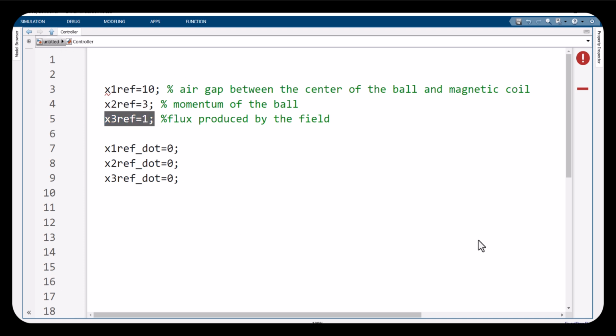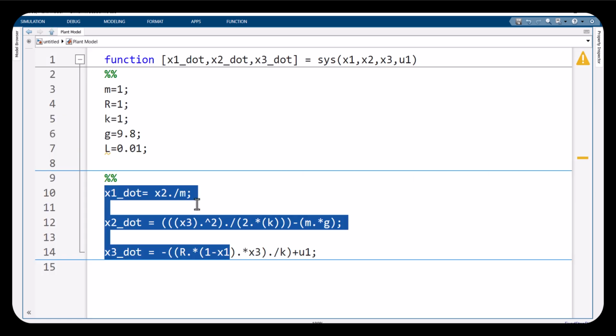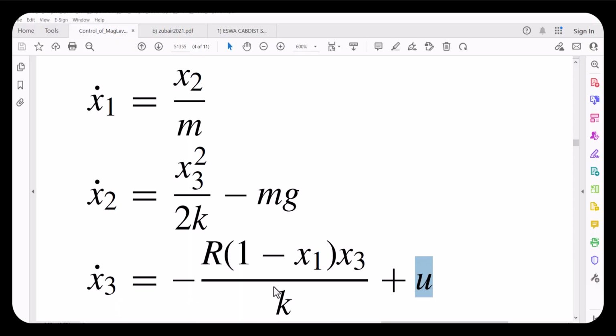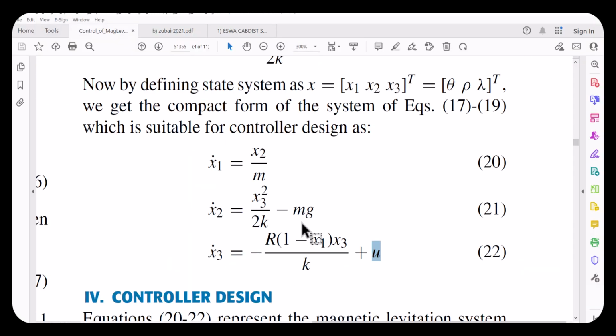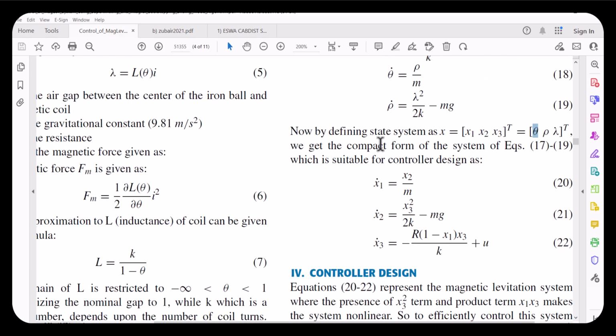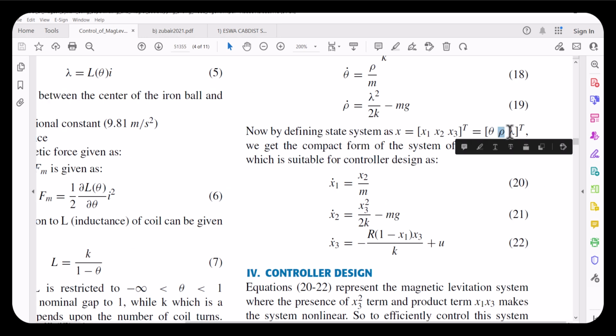So we have these states that we want to calculate. These are the derivatives of these states, and these are the actual states which will give you some result, but that result is meaningless unless you compare it with something, right? The aim is not only to compute the values of theta, which was the air gap, and the momentum of the ball and the magnetic flux.